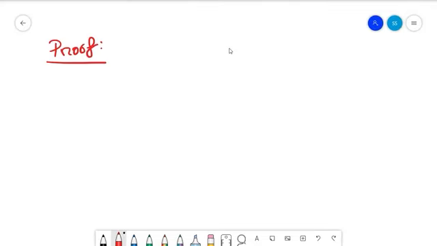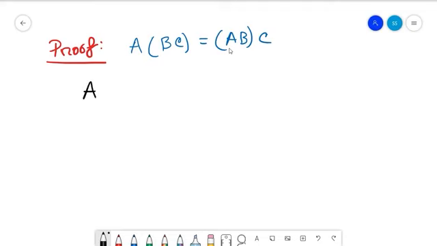So again we will refer to the index notation, and so let's write what we want to prove. (AB)C is equal to A(BC). This is the thing we want to prove. And now we proceed with the proof. So let's first go to the index notation. Notice one thing, that this multiplication here would give us another matrix.